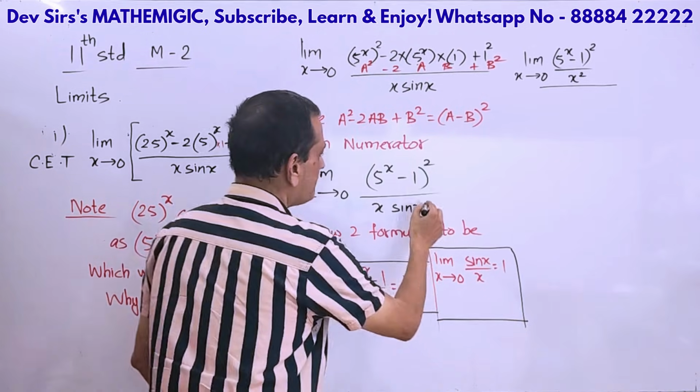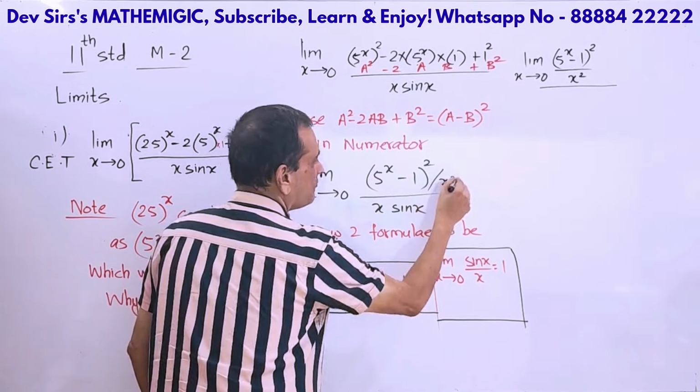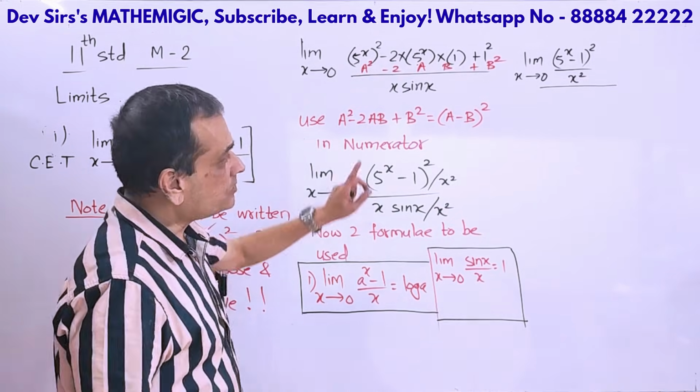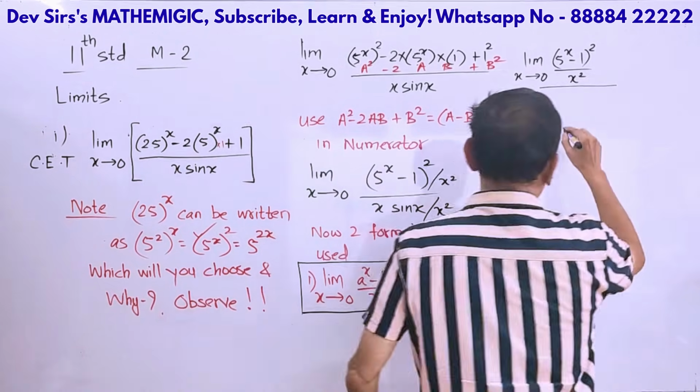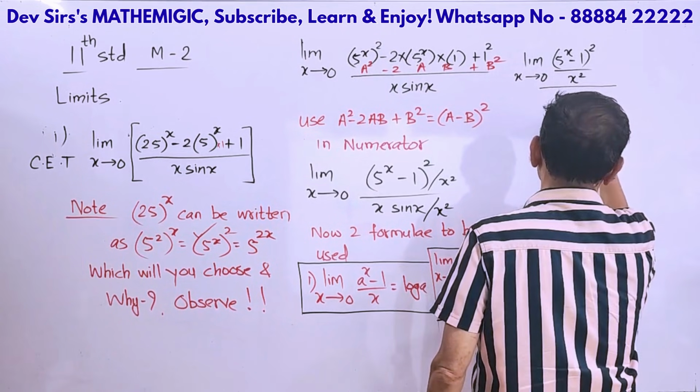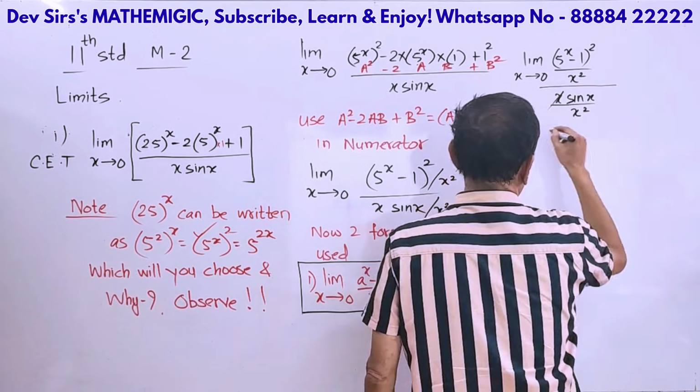Now if you divide this numerator by x squared like this, the denominator also has to be divided by x squared mathematically. So x sin x upon x squared. Cancel x.